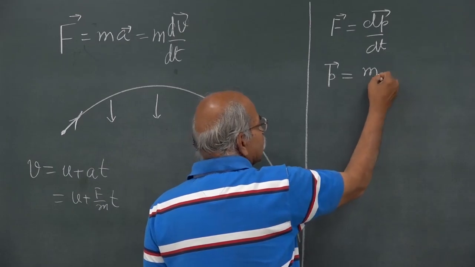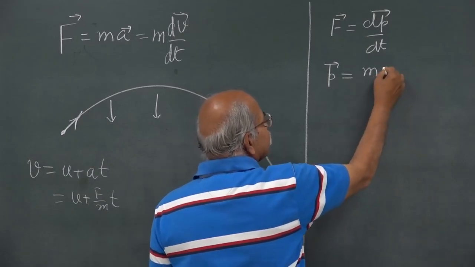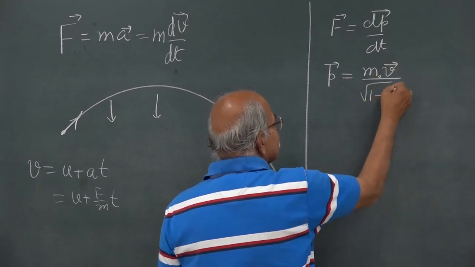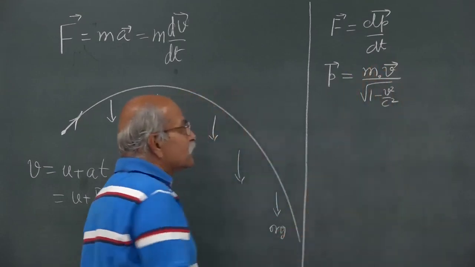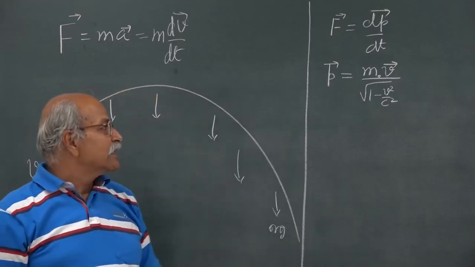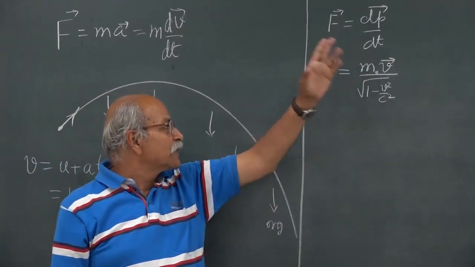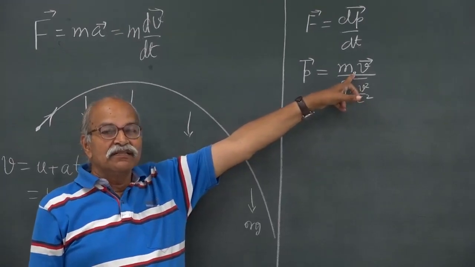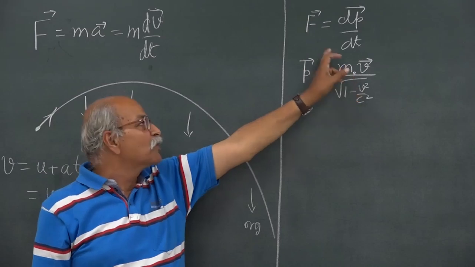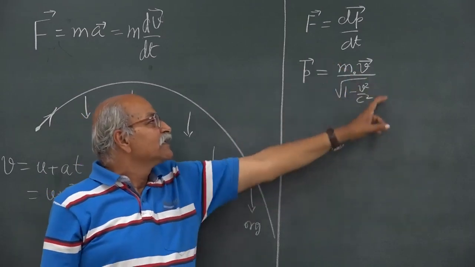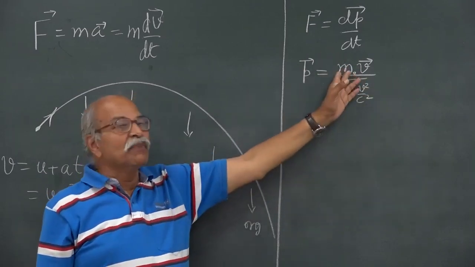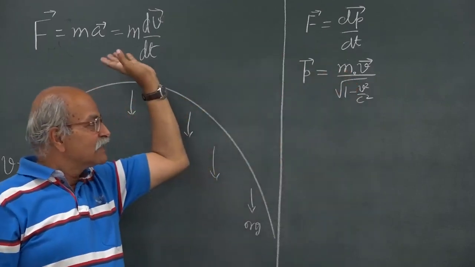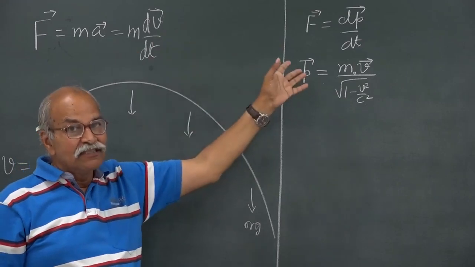It is m naught v by square root of 1 minus v squared by c squared. We call it rest mass. I repeat once again, we call it rest mass. We put an extra symbol here, m naught, but I do not give much importance to the so-called relativistic mass. This is just the mass, and the relativistic mass, in this lecture itself you will see, is not a very significant quantity.